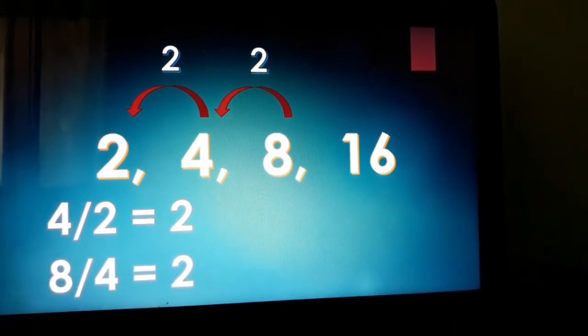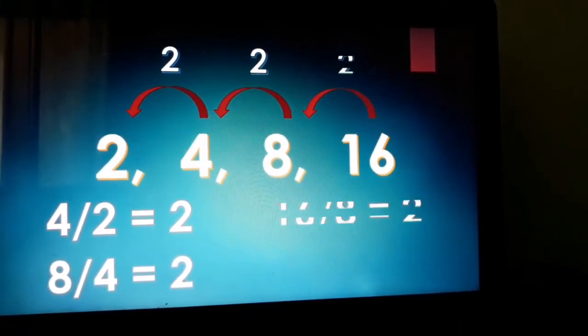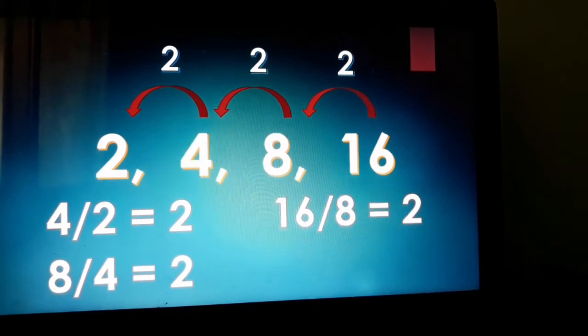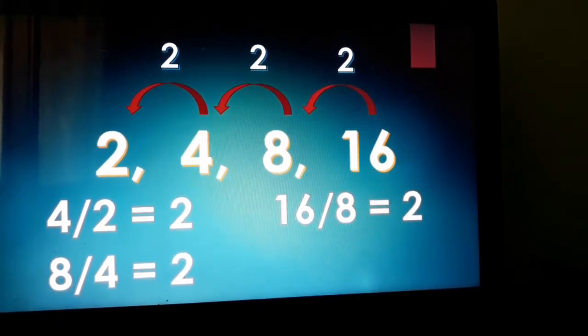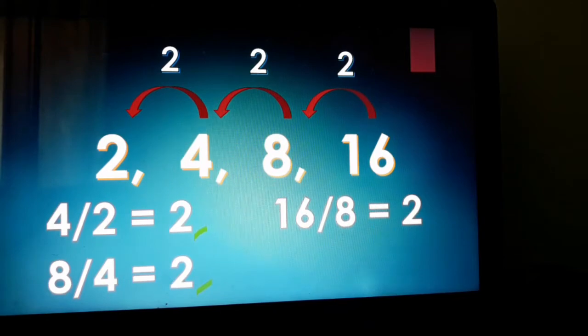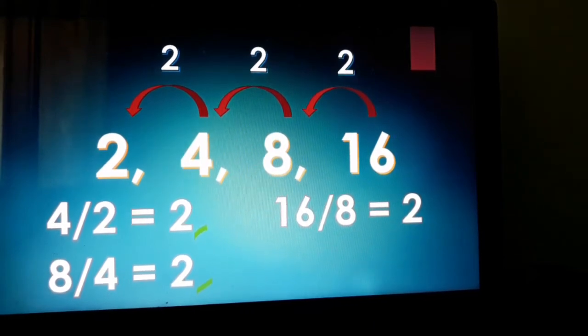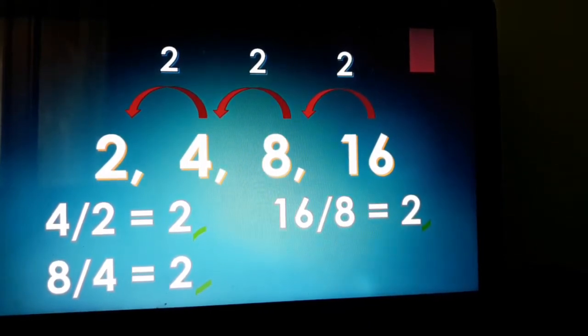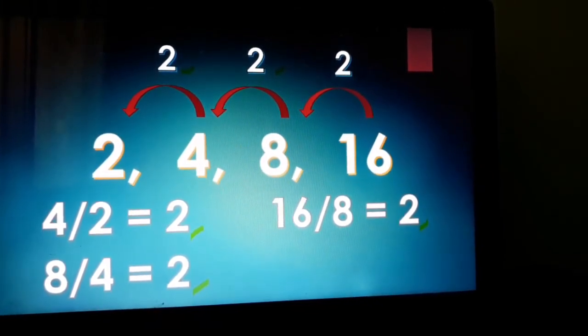And then when you divide 16 by 8, makukuha mo ring 2. So notice that there are similar ratios here. Nakikita nyo, they have the same ratio, common ratio yung tawag natin. So in this geometric sequence, the common ratio is 2.